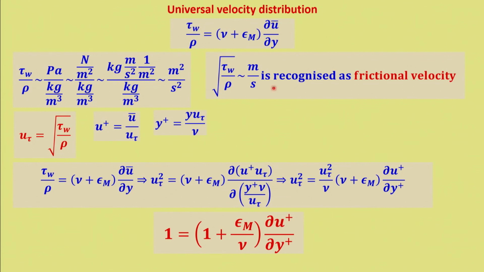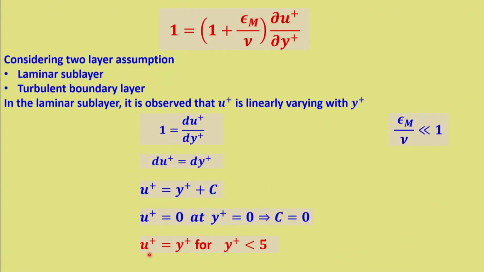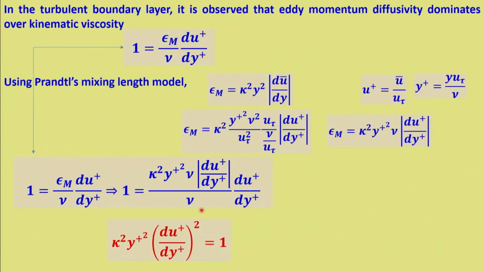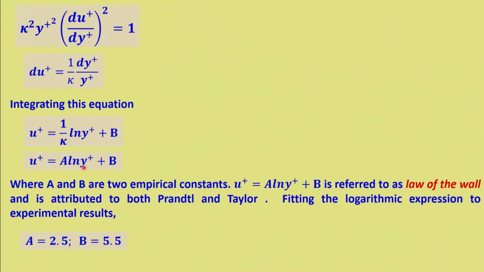We did the universal velocity profile in terms of u plus and derived u plus equal to y plus for the laminar sublayer and u plus equal to a log y plus plus b for the turbulent boundary layer, and found this a and b from the experiments. That's why this is semi-empirical. The form of the equation comes from fundamentals, but the constants come from the experiments. That's why it is called a semi-empirical relation, that is the law of the wall.